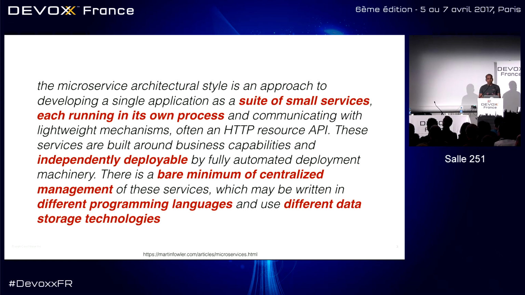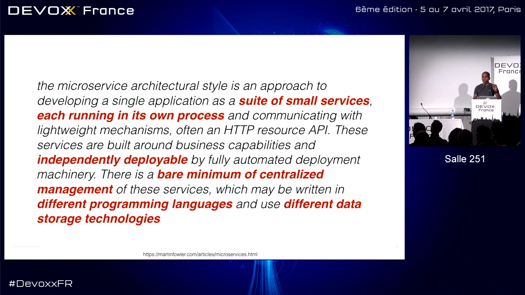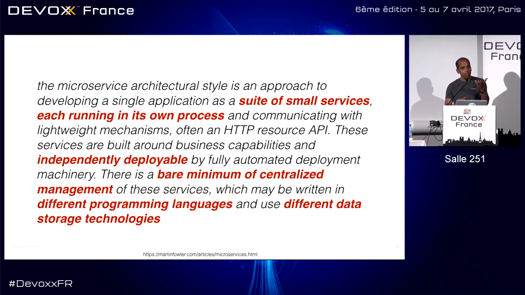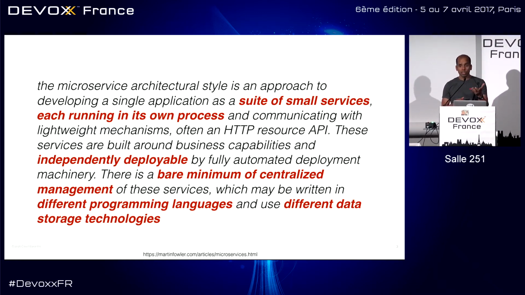Now, in terms of microservices, this is the definition given by Martin Fowler. The key components of this microservice architecture are highlighted in the red part of it. I want to talk about them for a few seconds now, and then I'll talk about them again at the end of the session, so that we have a better understanding.